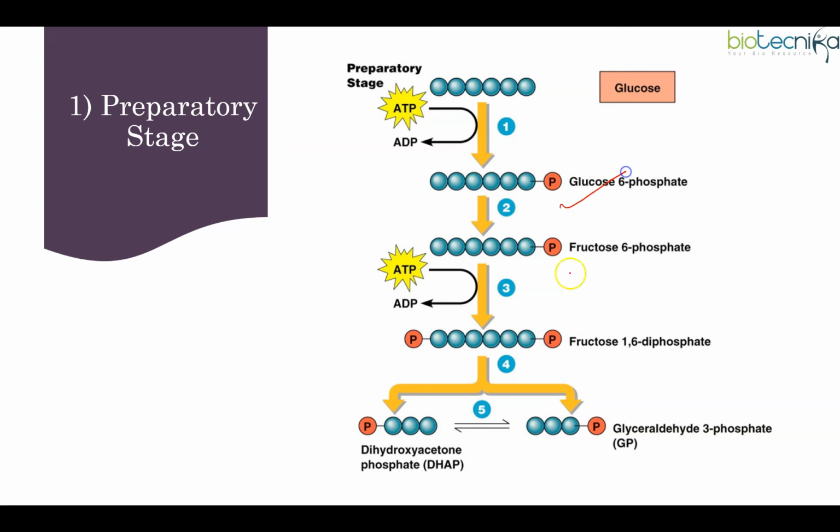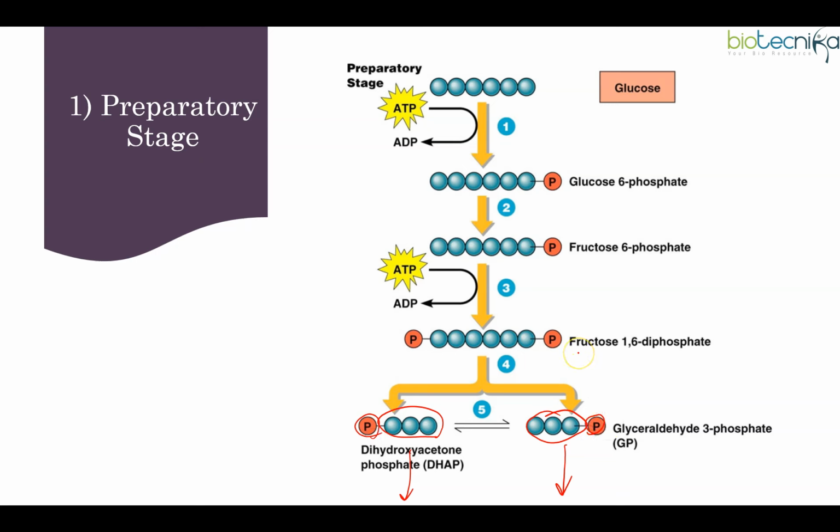In each intermediate of glycolysis, you can see a phosphate group attached. We know that from steps 1 to 5, at the end of the 5th step, we need to have 2 3-carbon compounds, isn't it? So individually they will proceed for the rest of the steps. That means each of these 3-carbon parts should have a phosphate group attached.